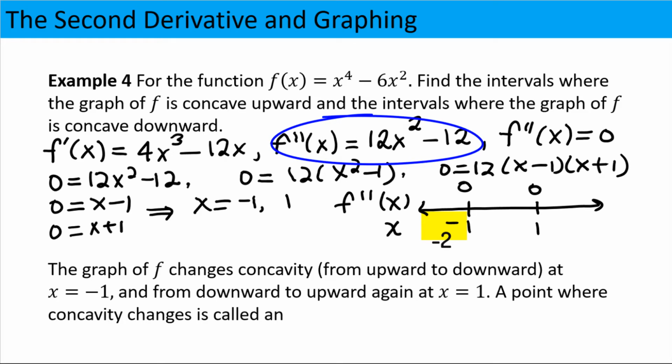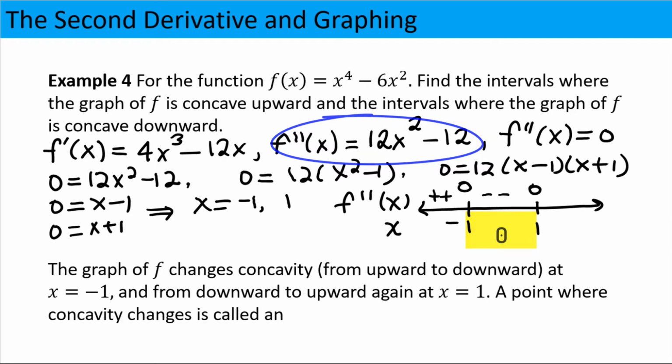Negative 2 squared is positive 4. 12 times 4 is 48. 48 minus 12 is a positive number. An easy number between a negative and a positive is 0, so we'll evaluate 0 in the second derivative. You get 12 times 0 squared, which is 0, minus 12, gives us a negative in that interval.